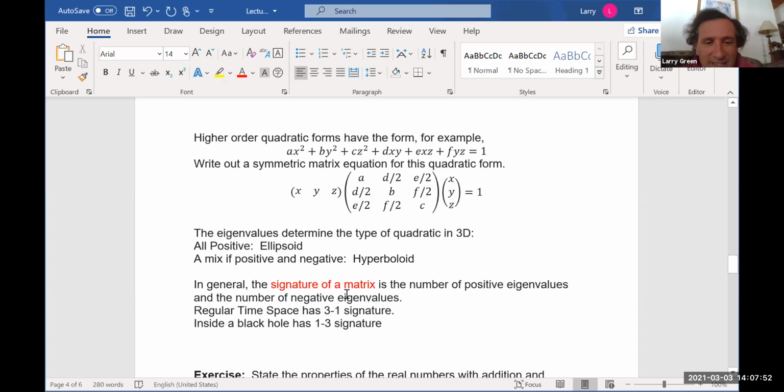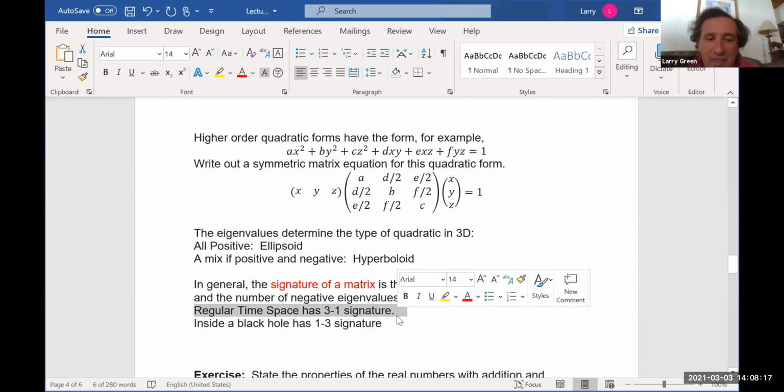So the signature of a matrix is the number of positive eigenvalues and the number of negative eigenvalues. Okay, and that's called the signature of a matrix. Any questions on that definition? So by the way, just as an example, where we live has a 3-1 signature.